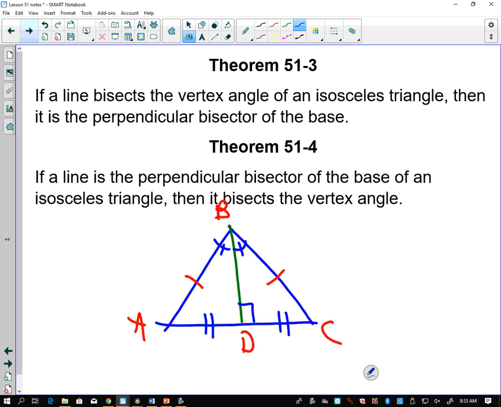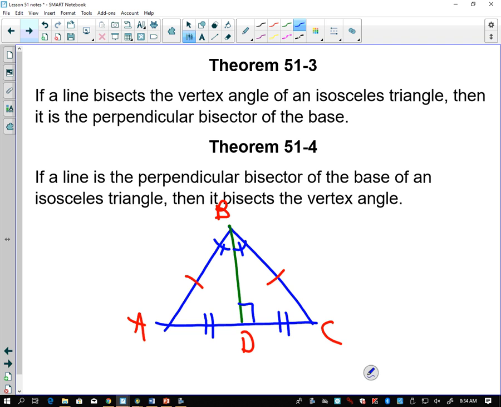They equal each other. Okay? So I want you to be able to do this, though, right? We made an isosceles triangle. We found out where the vertex was. We made an angle bisector, and then we took everything that we knew about it, and we were able to make a complete picture here. Okay?